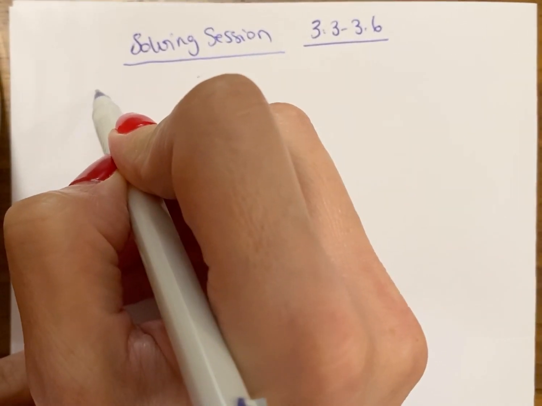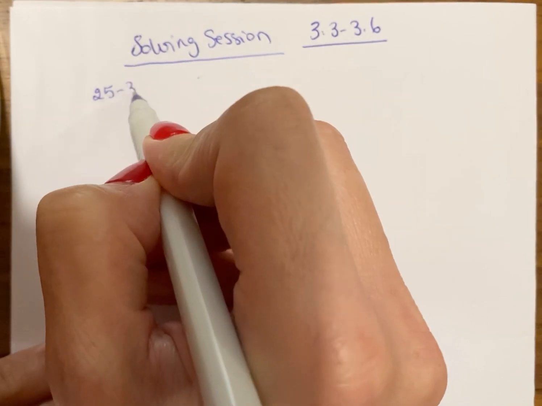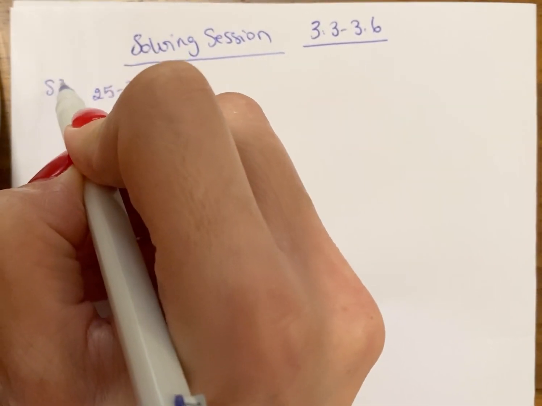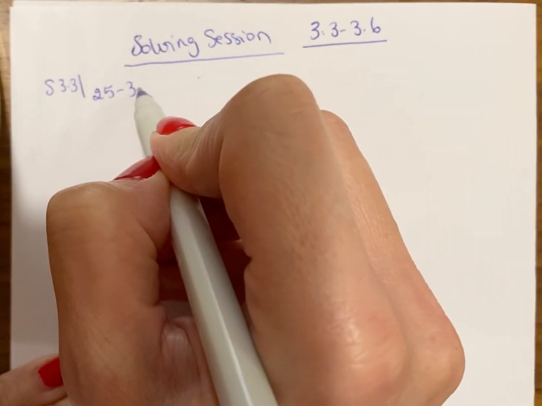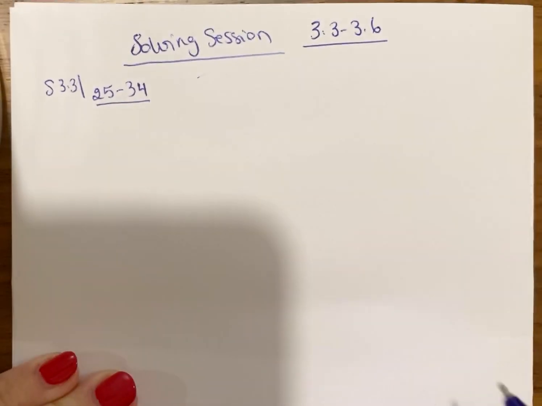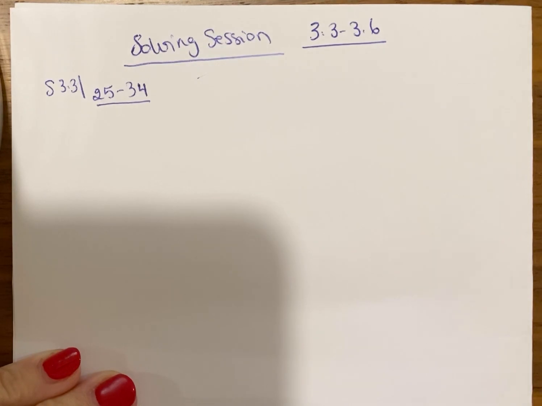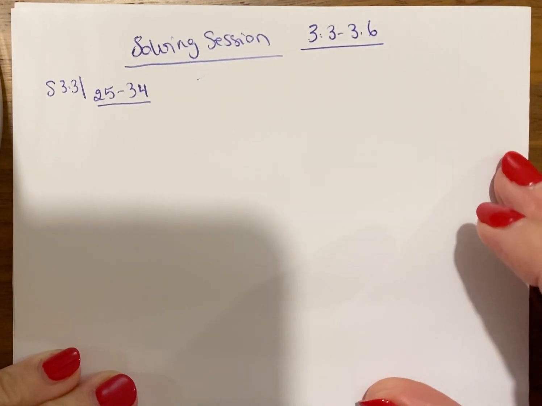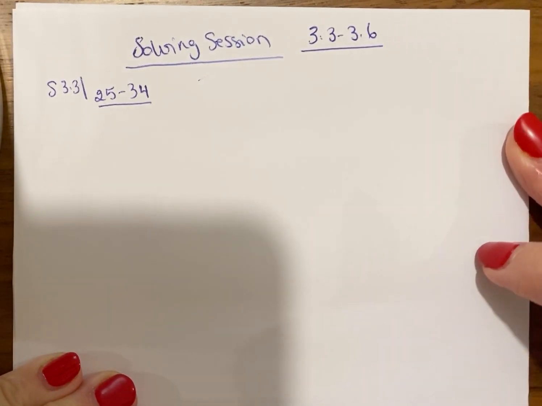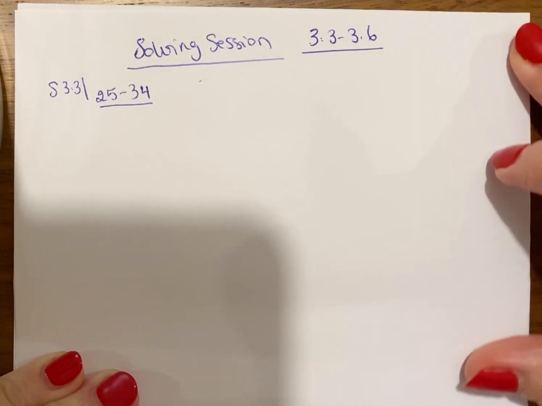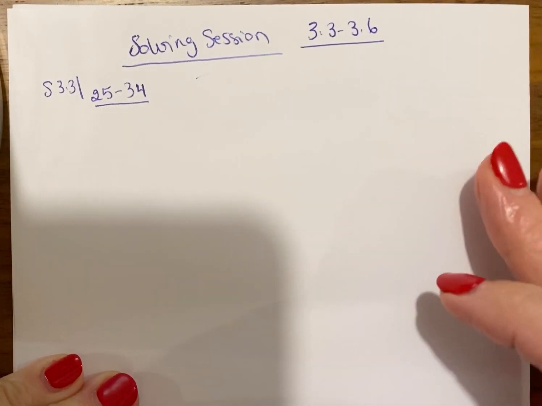The questions from 25 to 34 in section 3.3 are the ones that are really important, and the others just give you a way to solve for critical numbers. It's just practice on how to get critical numbers. So if you have time, of course, sit and do them.